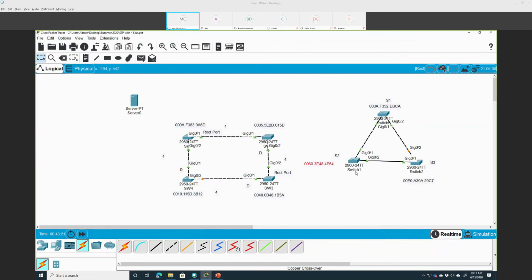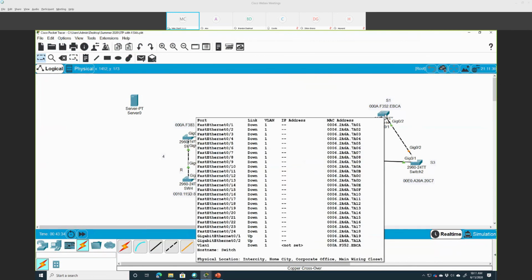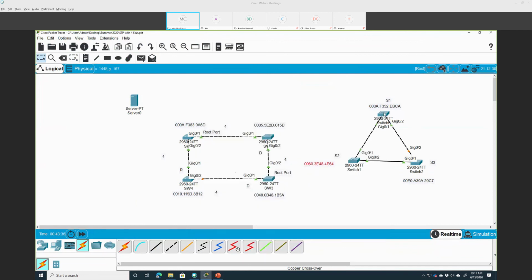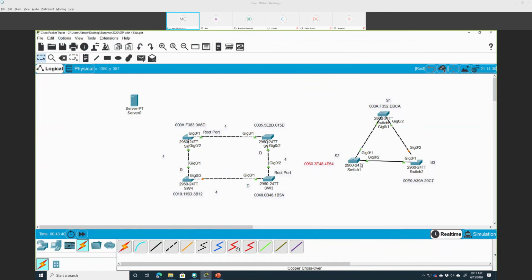Usually you want to select it when you have a more complex situation. For example, if I replace this switch with a multilayer switch, then I can make that one the root bridge instead of this one right here. This is basically to understand the concept.